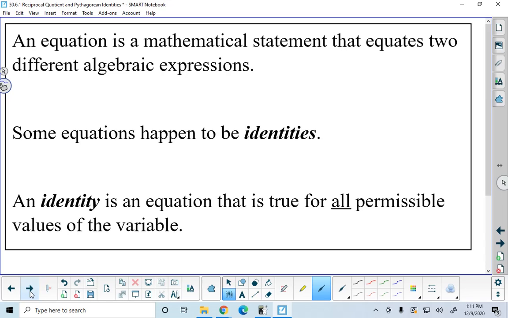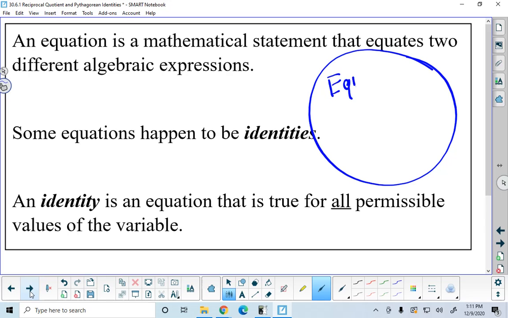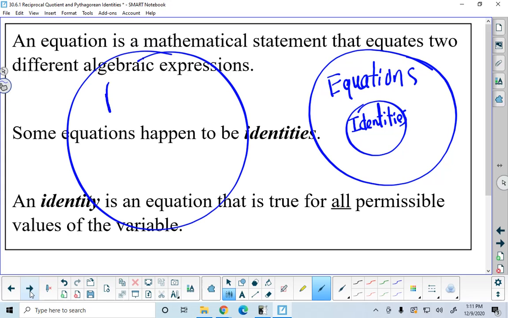So an identity is a subset of equations. If I were to draw what's called a Venn diagram where everything in here represents equations, then inside of this are a subset of equations called identities.